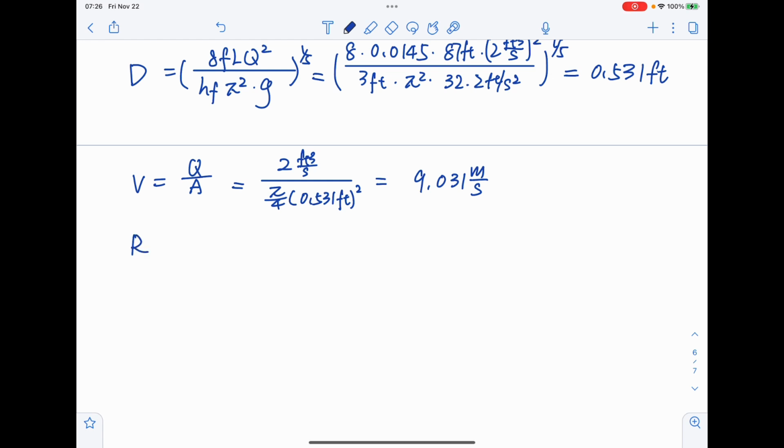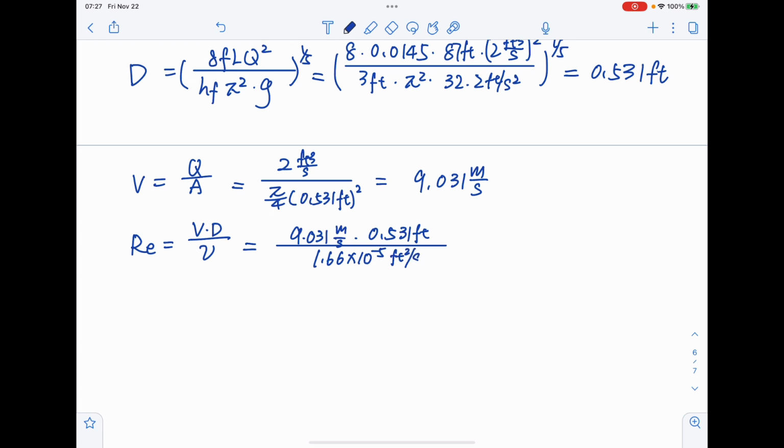Use the velocity and diameter to find the Reynolds number again, times 31 feet over the viscosity. So the new Reynolds number should be 2.89 times 10 to the power of 5.